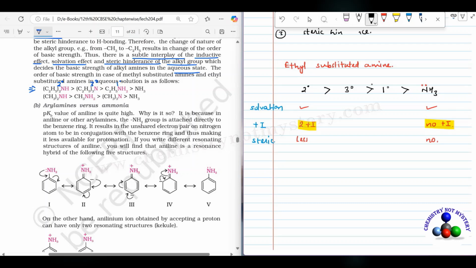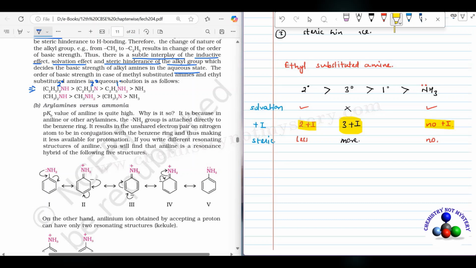Now let's compare tertiary and primary. In case of tertiary amine, it is not stabilized by solvation, but there are three plus I effects. So the electron density over nitrogen is more as compared to primary alkylamine, and there is more steric hindrance. But due to the presence of three plus I effects, there is more electron density over nitrogen.